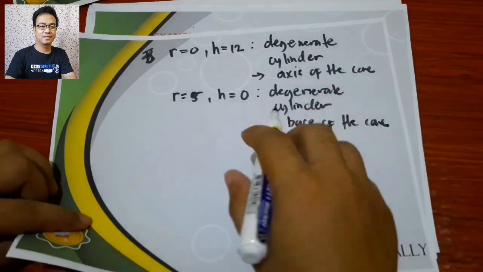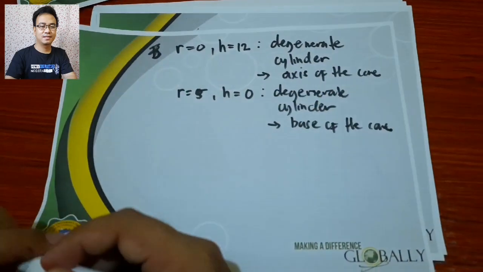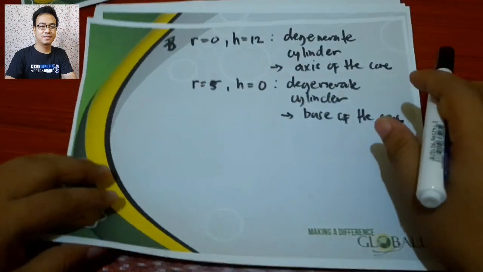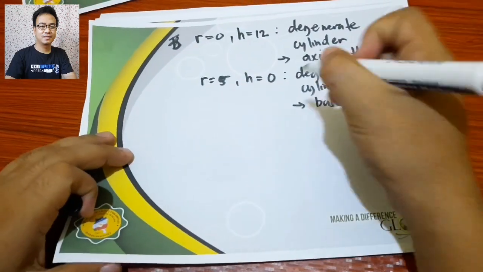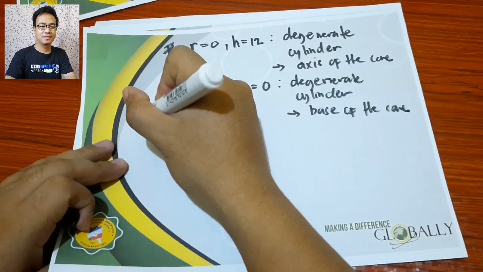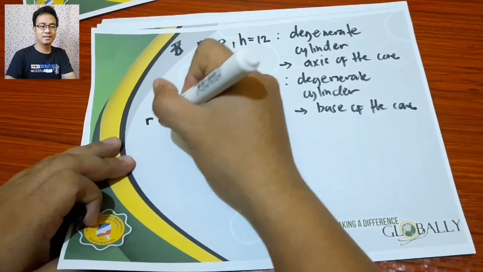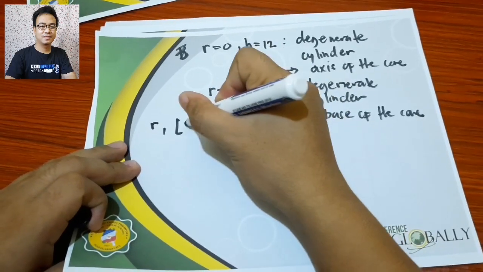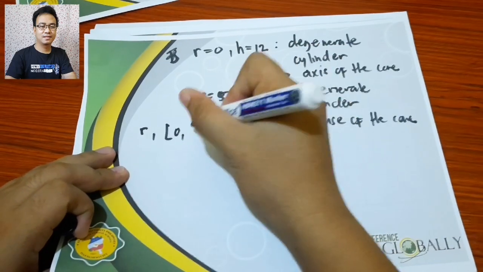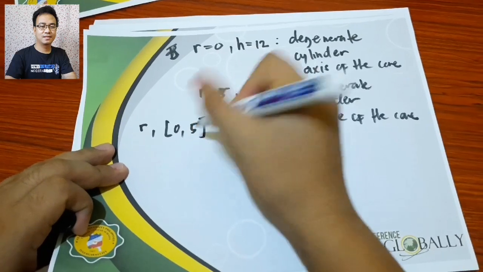Okay. Having this idea, we can now conclude that we are actually working on two closed intervals. And what is this closed interval? We are working for R, we are working for the closed interval 0 and 5.